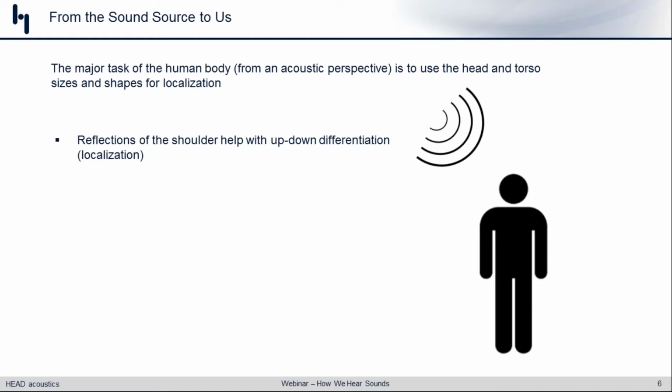And sort of the first question to you guys is, have you thought about how we differentiate between sounds coming from in front and up, and in front and down? There's obviously a big difference.